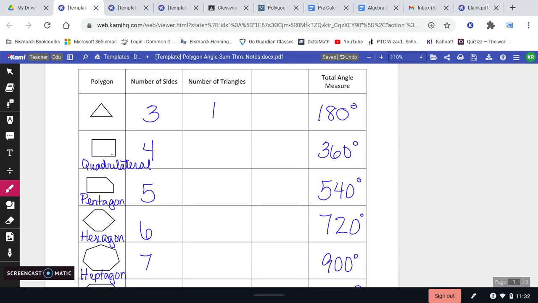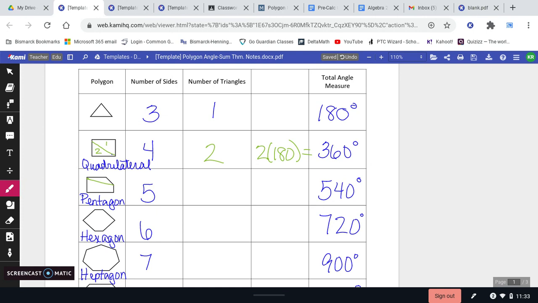Okay, so then back here for number of triangles. If you look at this quadrilateral and I go from one vertex across, it splits the quadrilateral into 2 triangles. So the number of triangles is 2. And if you'll notice, 2 triangles times 180 degrees equals 360 degrees. I can do the same thing with a pentagon.